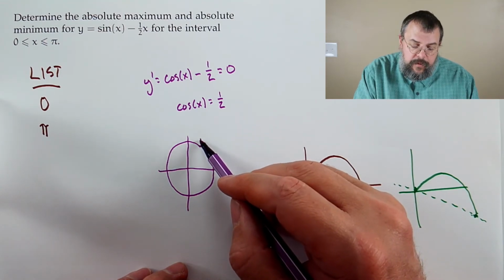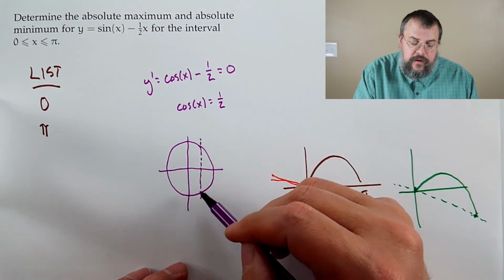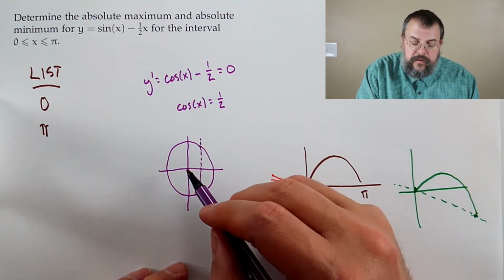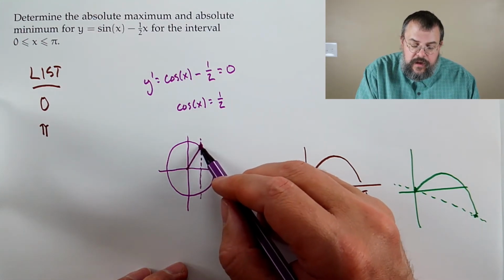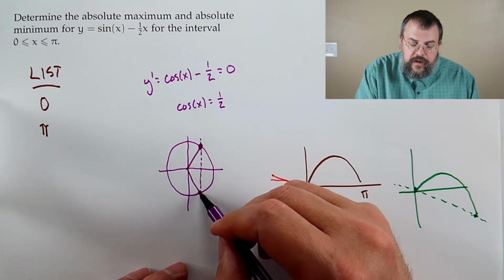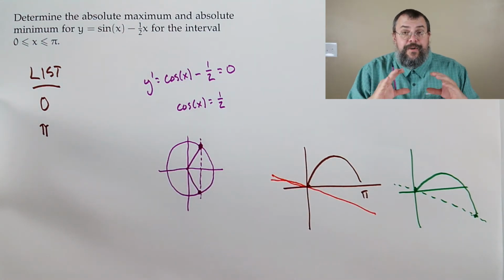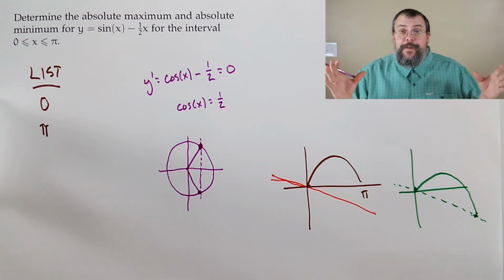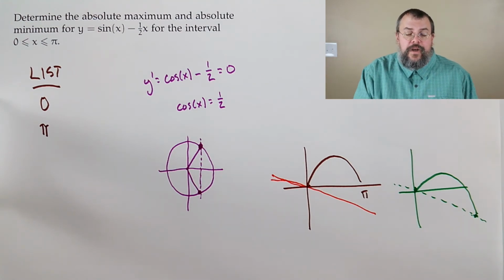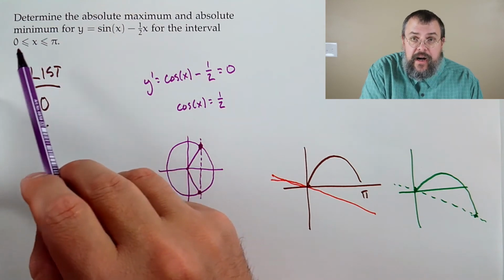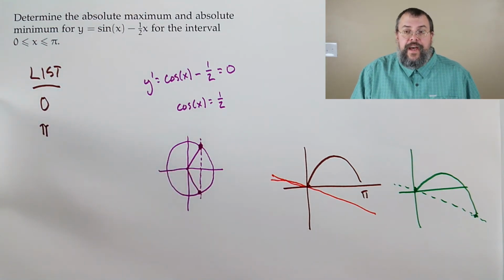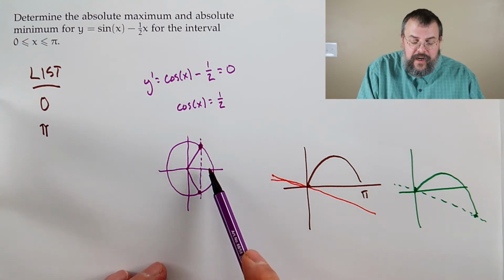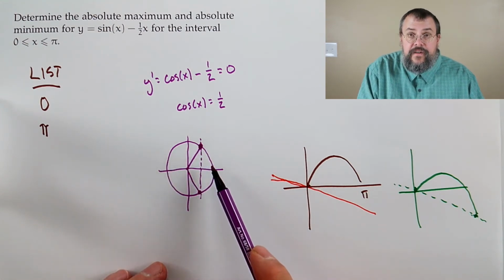So when we want the cosine to equal 1/2, we're looking at when the x-coordinate equals 1/2, which means we're looking for an angle that comes off in one of these two ways. Remember though, we're not looking for all angles where cosine equals 1/2. There are infinitely many angles that do that. We're looking for an angle between 0 and pi where cosine equals 1/2. So there's one angle that does that. 0 to pi is the top half of the circle.